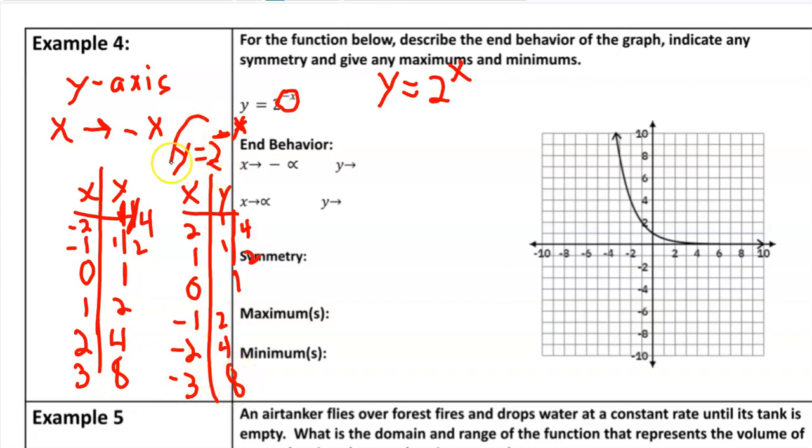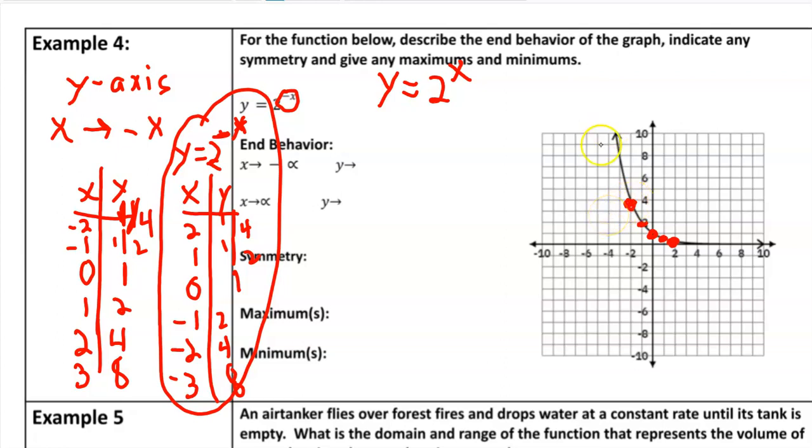So I'm going to graph these points now. 2, 1/4 is right here. 1, 1/2 is right here. 0, 1 is right here. Negative 1, 2. Oh, they already graphed it for us. Okay, so we've already got it graphed, which is nice.